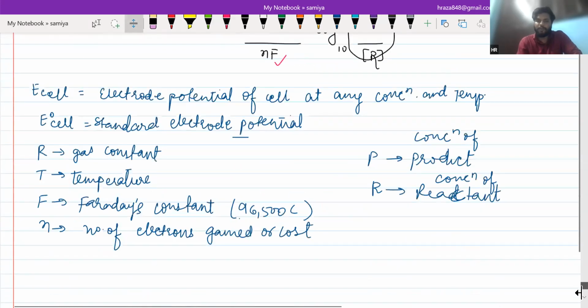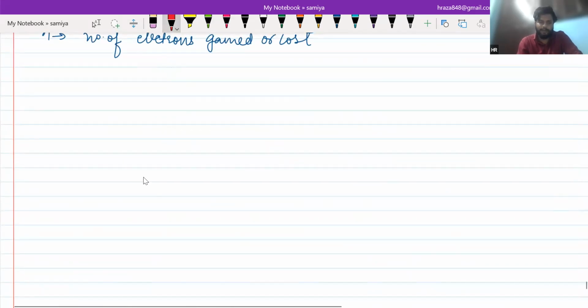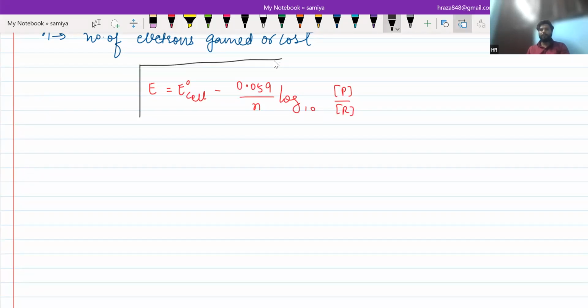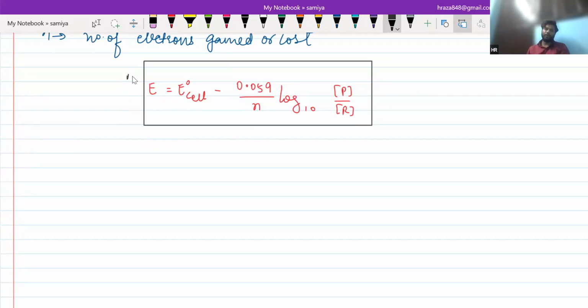That's why I'm going to put the values, and we will get the formula: E is equal to E naught cell minus 0.059 upon N log of product upon reactant to the base 10. This is the modified formula after putting the values of temperature, gas constant and Faraday's constant. This is very important.